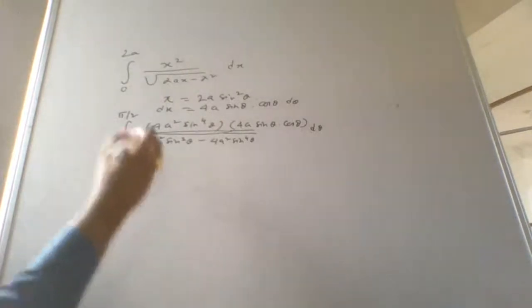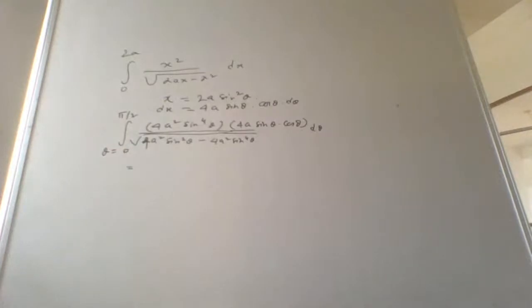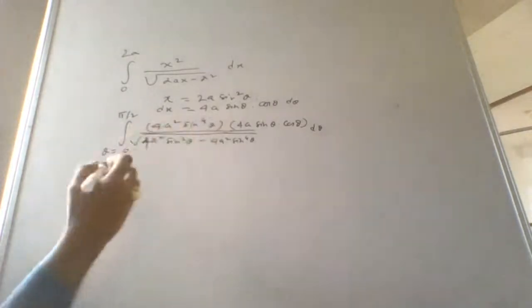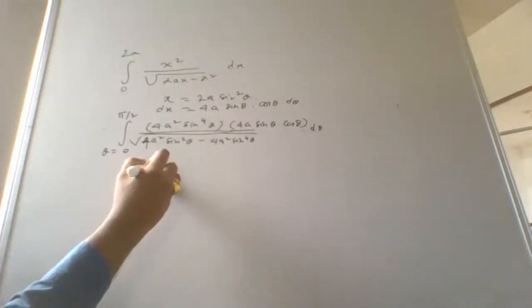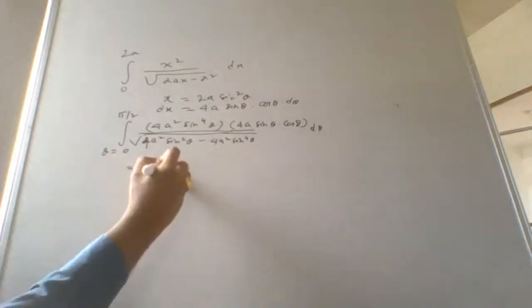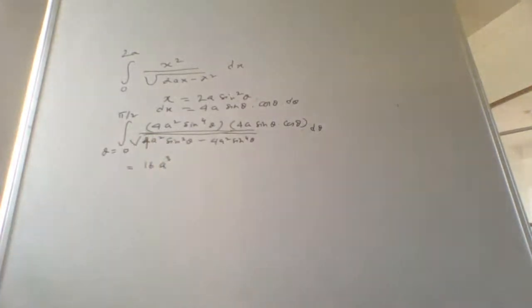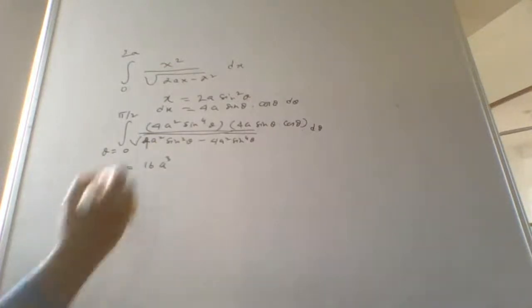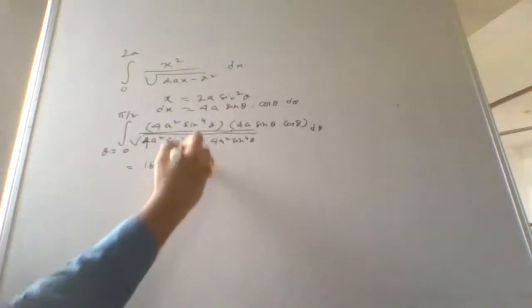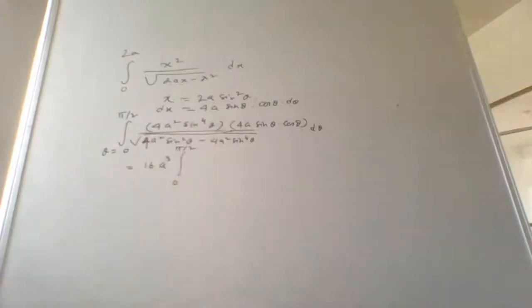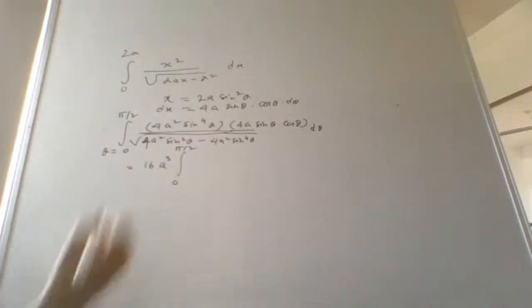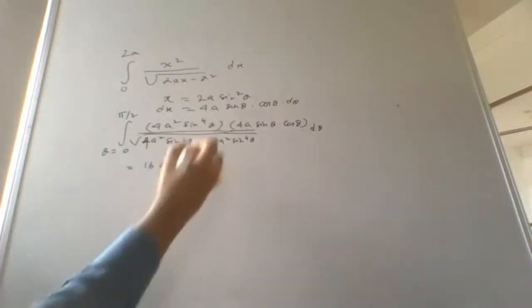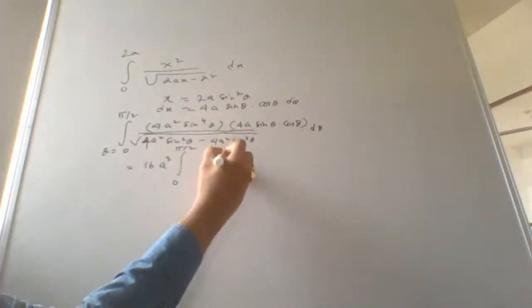Let us try to simplify it further. If I take this outside, I get 16 times a cube, integral 0 to pi by 2, and afterwards simplifying further, this will be sine power 5 theta.